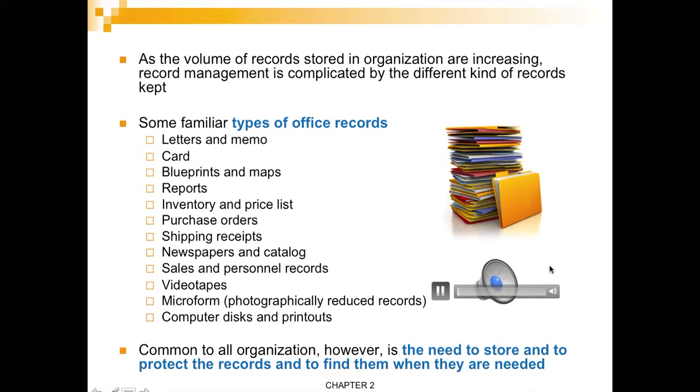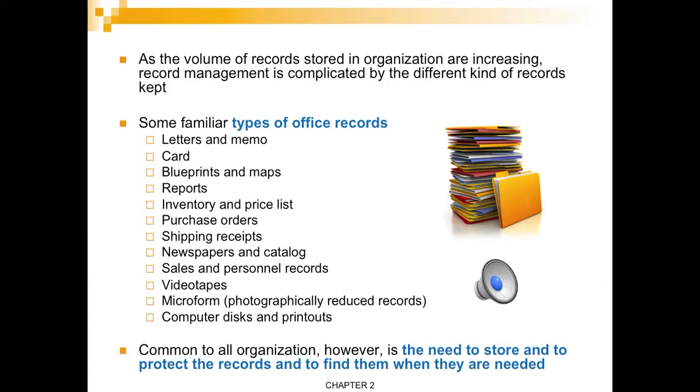Regardless of the size of any organization, usually the volume of records is increasing from time to time, and makes it more complicated to manage these records accordingly. Some organizations have various types of records to be handled. For example, some familiar types of office records include letters, memos, reports, blueprints, inventory, purchase orders, personnel records and much more.